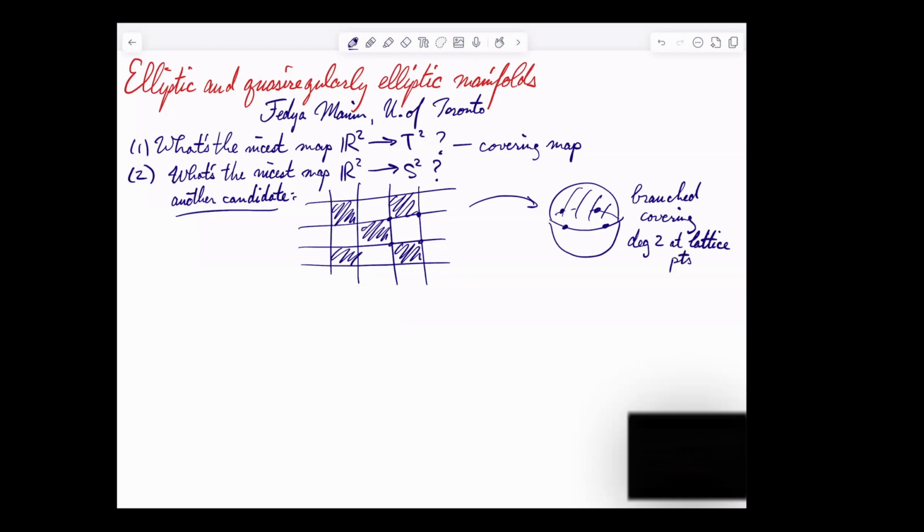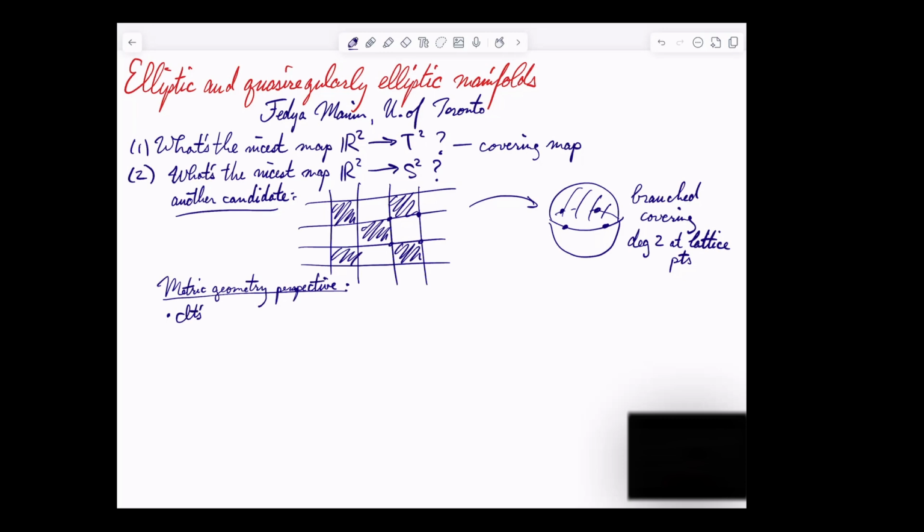I can say a lot of things about why this is a nice map, but there are two main perspectives on this. I'll start with the perspective that's maybe a little more alien to this audience, which is the metric geometry perspective. From the perspective of thinking about distances, what's good about this map?